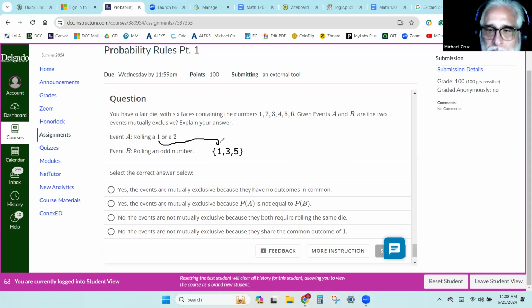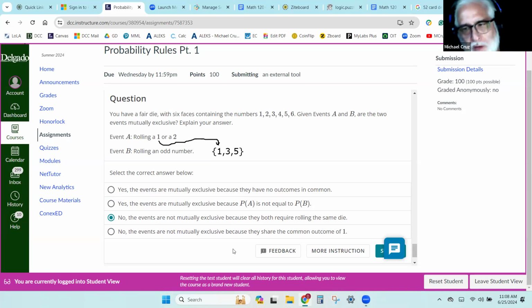One is both a 1 and it's odd. So they're not mutually exclusive.